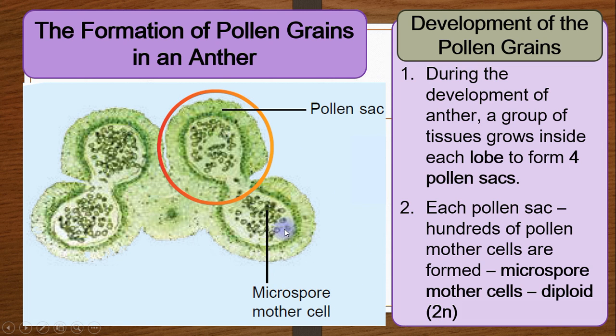So I repeat: in one pollen sac, it consists of hundreds of pollen mother cells, also called microspore mother cells. Micro is for male. So they are diploid, which is 2N.